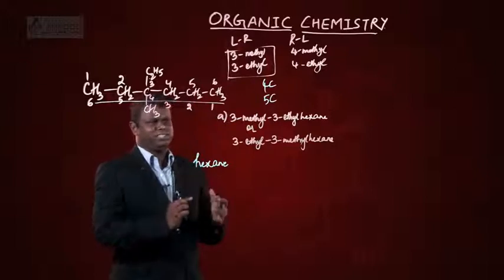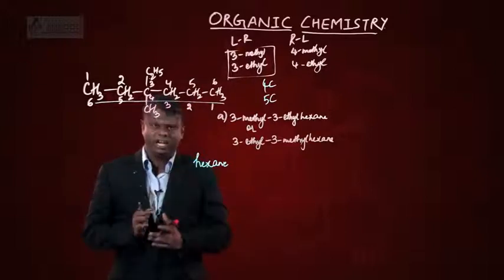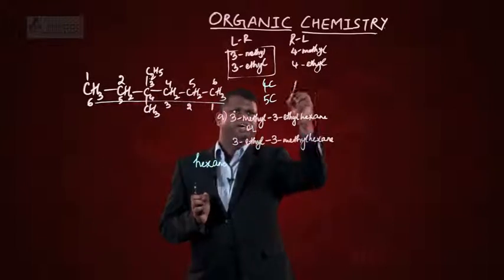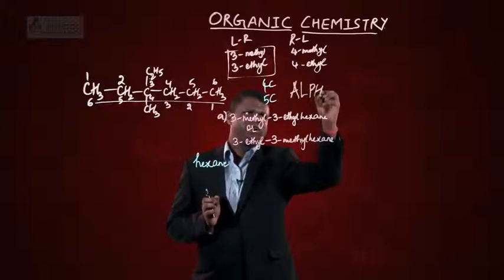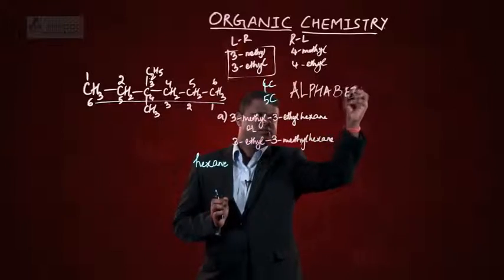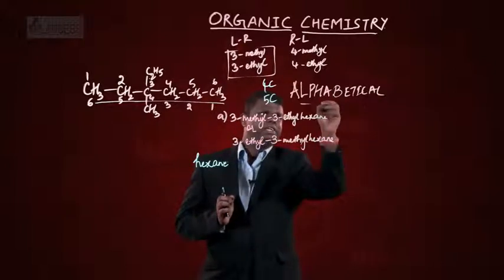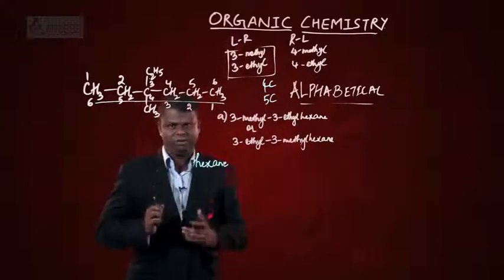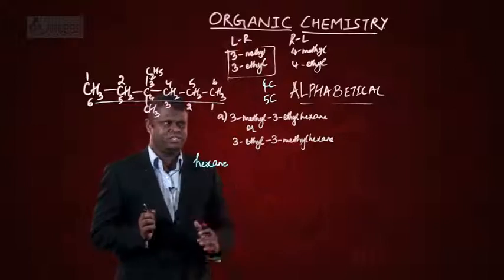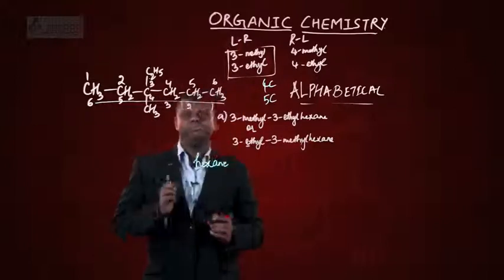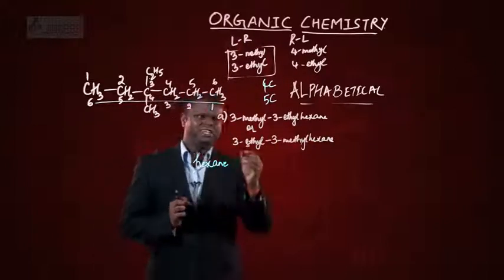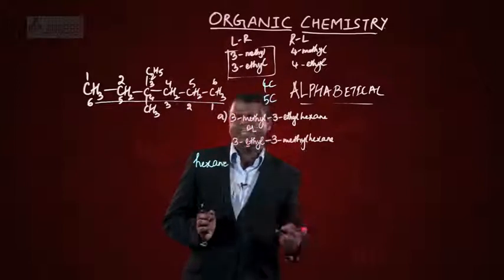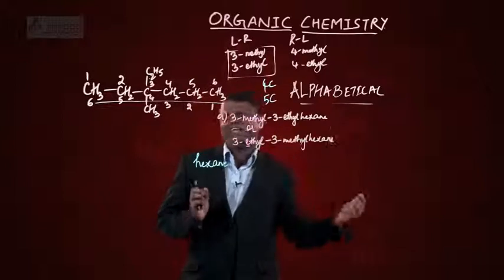Now in this case, when you have two different alkyl groups, we follow a very important rule, that is alphabetical order. That means the one which comes lower in the alphabetical order has to be written first. E comes before M, so it has to be 3-ethyl-3-methylhexane and not 3-methyl-3-ethylhexane.